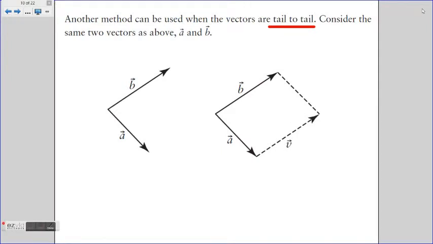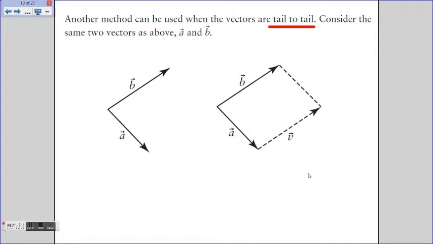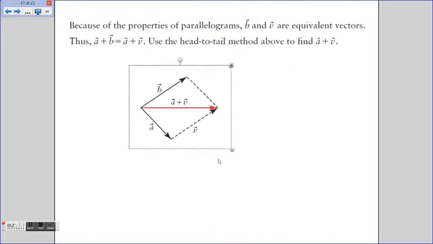Another method that we can use is called the tail-to-tail method. If we consider the two generic vectors, again, A and B, we would just place them in an orientation called tail-to-tail. Complete the parallelogram, and the diagonal is A plus B. So by just drawing a diagonal across the parallelogram, A plus B then is our resultant.